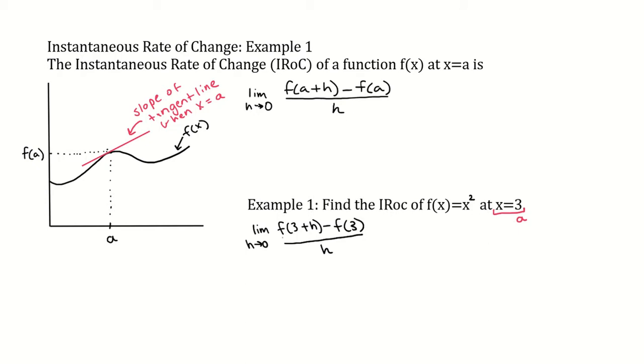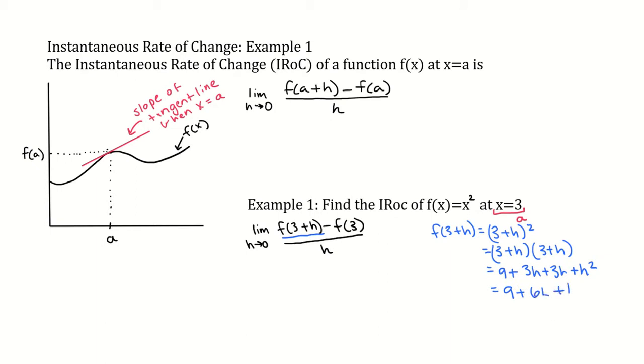We'll find these two values separately, so find f of 3 plus h. That means 3 plus h squared, which means 3 plus h multiplied by 3 plus h, which is 9 plus 3h plus 3h plus h squared, which is 9 plus 6h plus h squared.